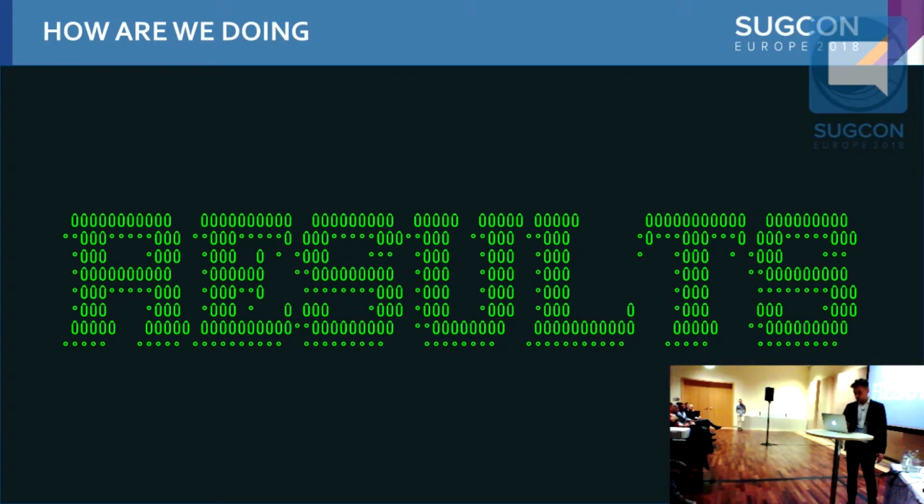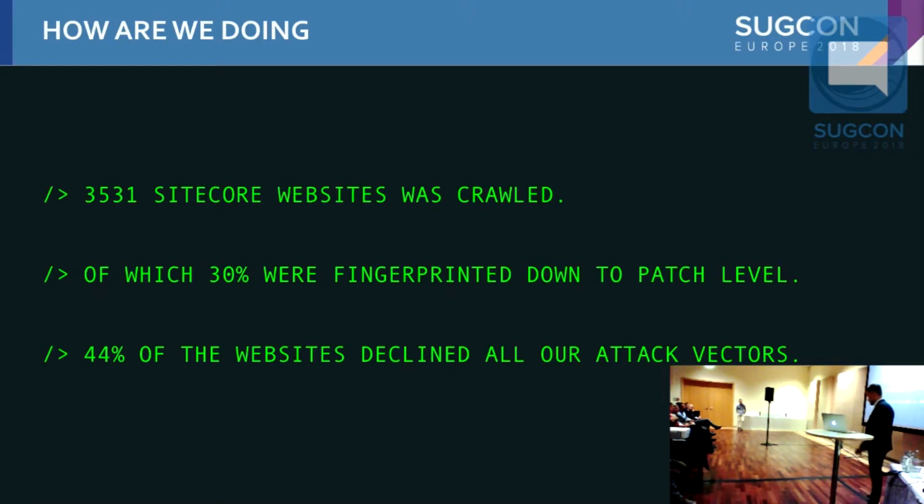So what did we actually do, or what did we achieve? My crawler found around 3,500 SUGCON home pages, of which 30% were fingerprinted down to the very patch level on the system. So this gives me a pretty good clue which of the two first attacks could be available.